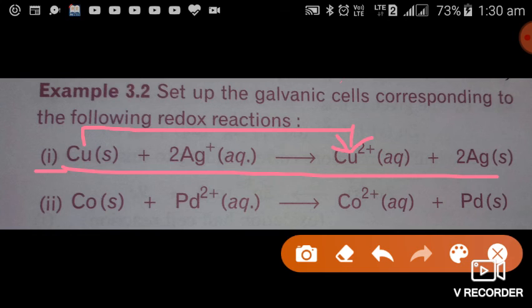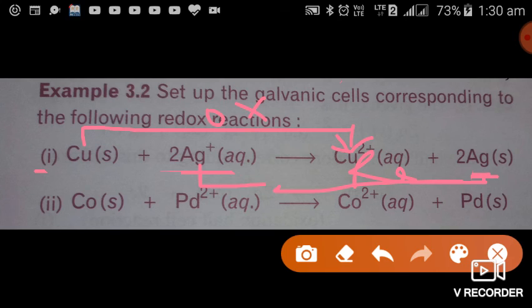Here oxidation is taking place, because there is a loss of electrons. In the second part of this reaction, the Ag ion, silver 1 positive ion, is changing into neutral silver atoms. Therefore, in this part, electrons are taken by the silver ion. Therefore, this process is reduction.